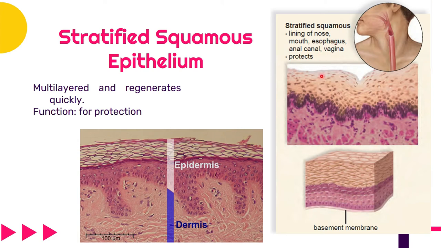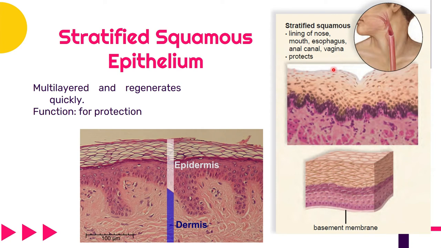So the epithelial tissue, particularly the topmost layer that is more exposed to materials, or in the esophagus or mouth, more exposed to the passing through of food. Once the food makes contact with this topmost layer of the epithelial tissue, the cells here in the topmost layer will die.